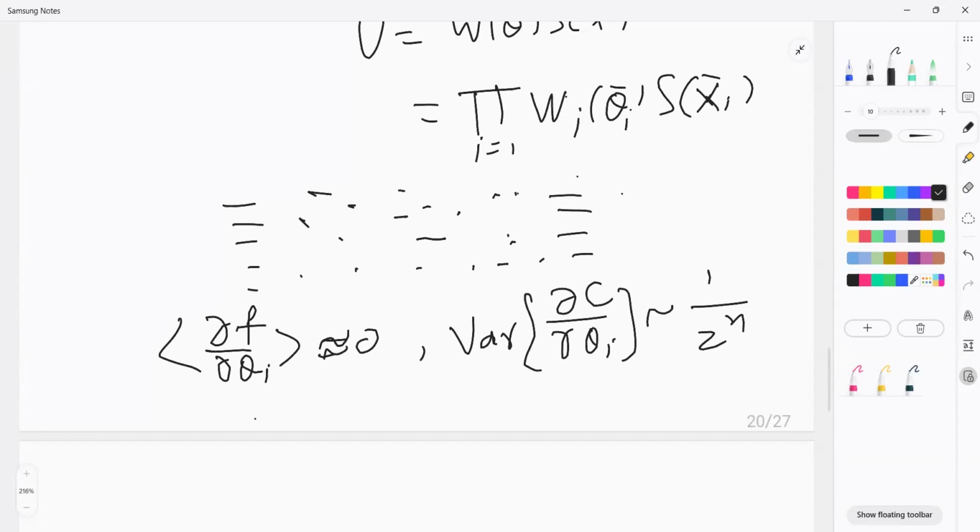So if you have n 100, you can imagine that this variance is almost zero, and even at n 10, this variance is close to zero. I mean, not only is the derivative zero, this derivative is not even changing for a very large part of the parameter space. So these are called barren plateaus.